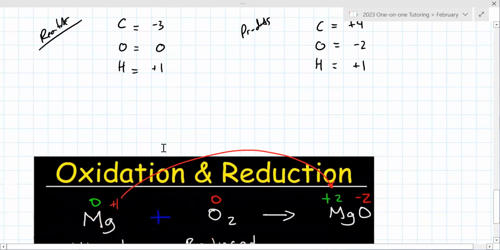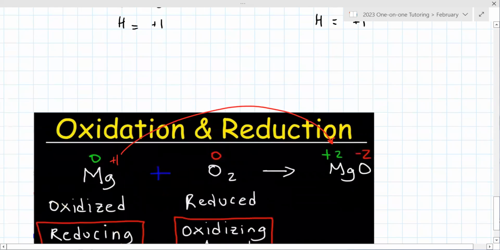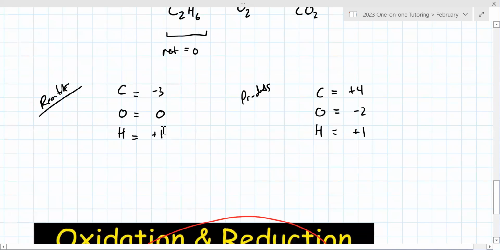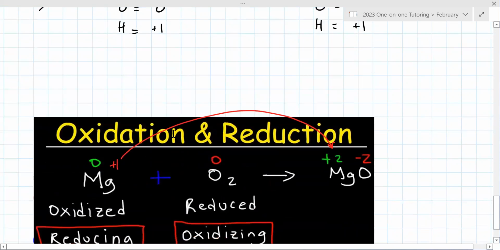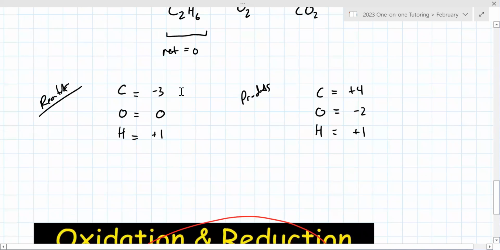Let's do the simple ones. If they go more positive, that means they lost an electron. Or, I don't want to say it like that, it's not actually more positive, it's from negative to positive. So the carbon lost 7 electrons, which is kind of startling.